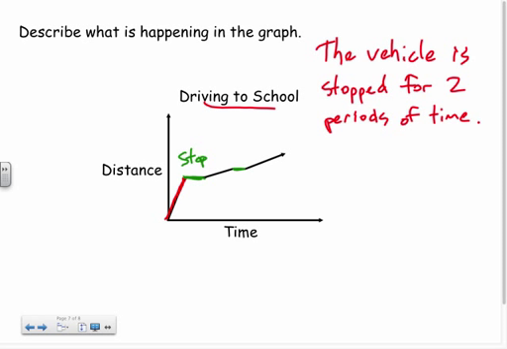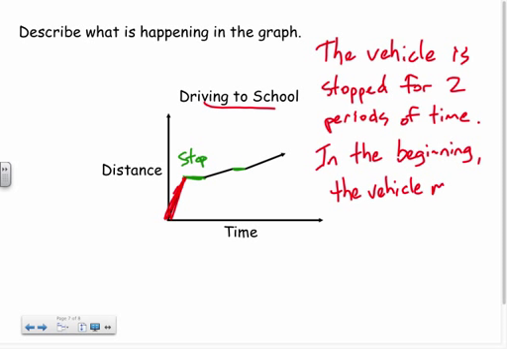In the beginning, the vehicle went a little faster, didn't it? The fastest, I guess you could say. So anything that has something to do with you moved a little faster right away and you stopped. You were stopped at 2 different times.